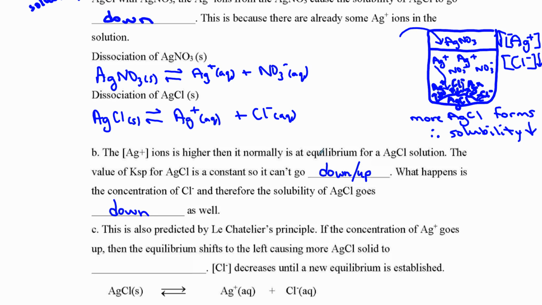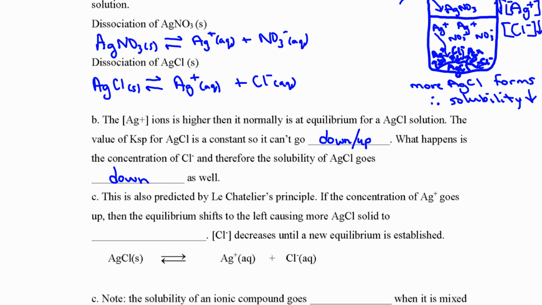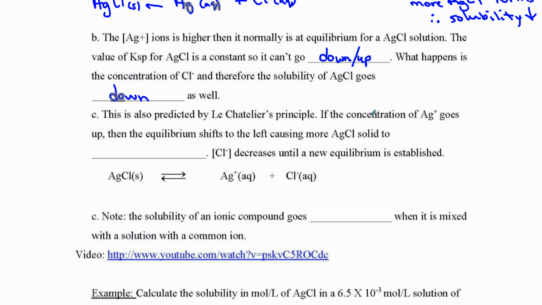which means it's less soluble. So this is predicted by Le Chatelier's principle. If the concentration of Ag goes up, so if we add more of this, we've got to use that up. So we're going to shift to the left, which means more of this forms.